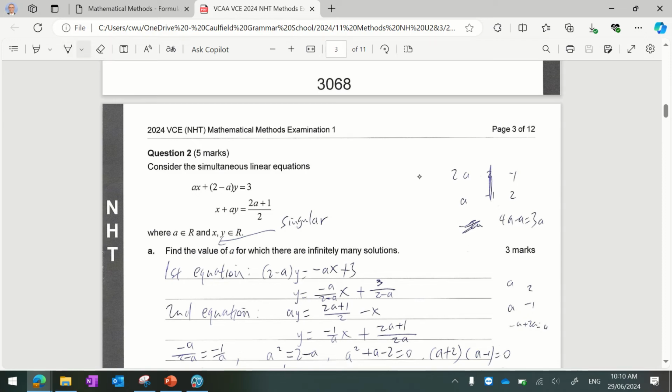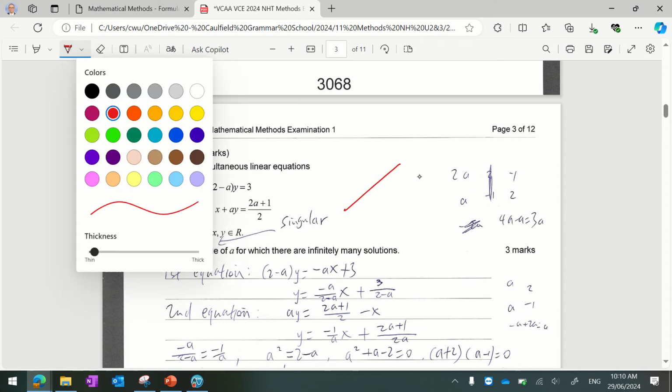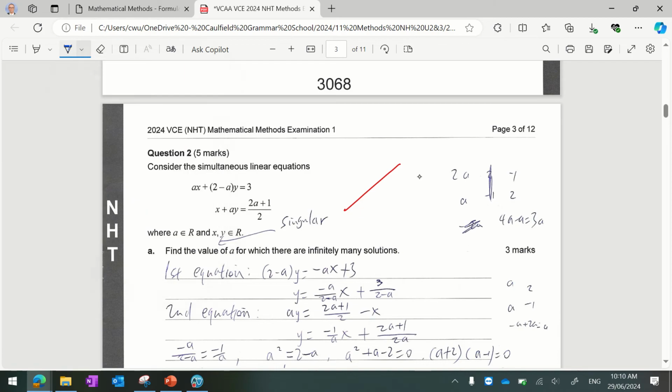If that's your first line, your second line will be exactly the same line. That's how you get infinitely many solutions. The two equations superficially look different, but they are indeed the same.